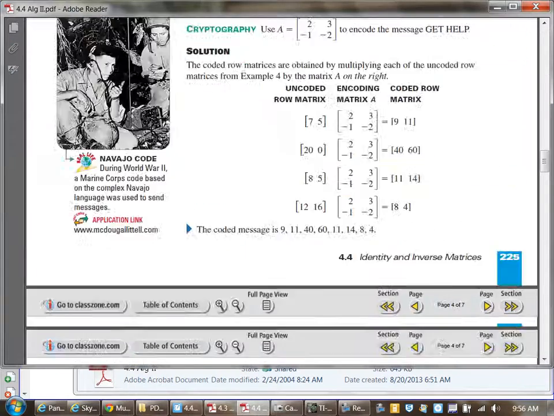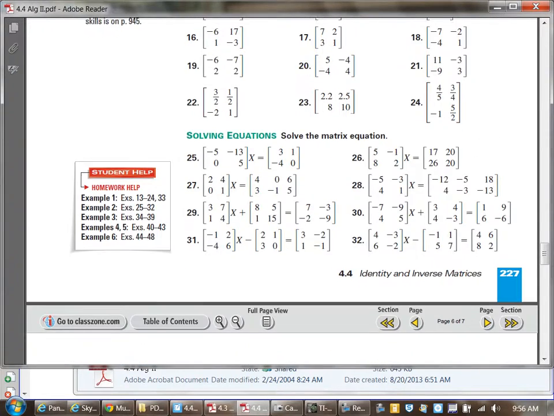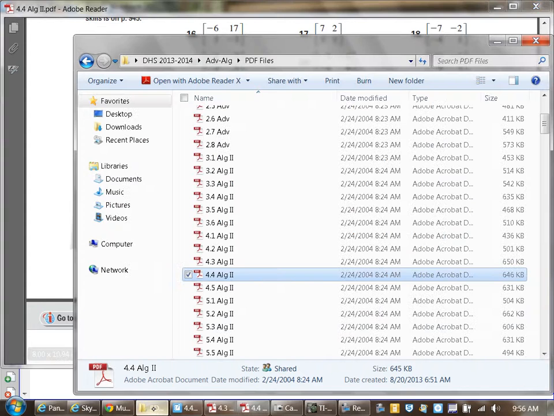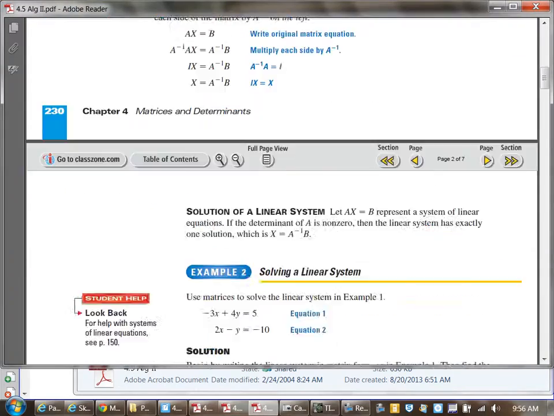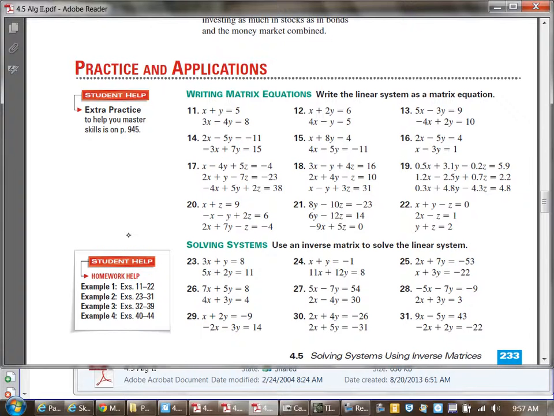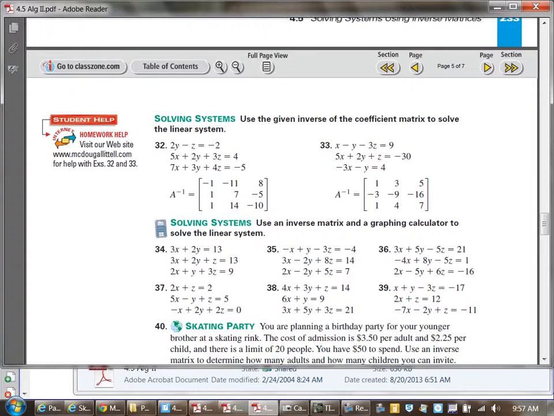Let's do some problems. In 4.4, I would like you to do, this is on page 227, 29 through 32. It's all calculator work.